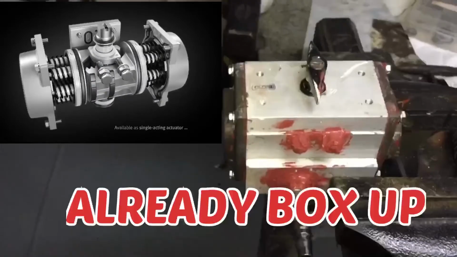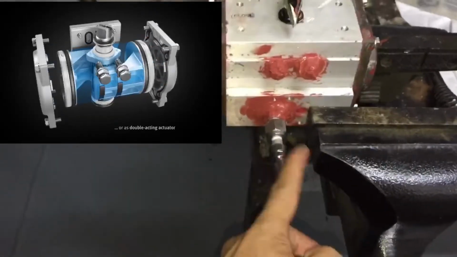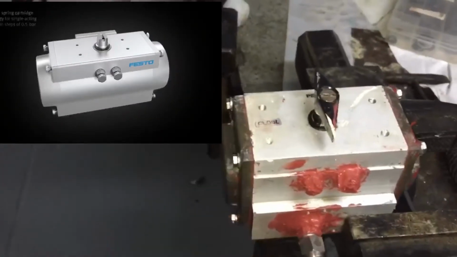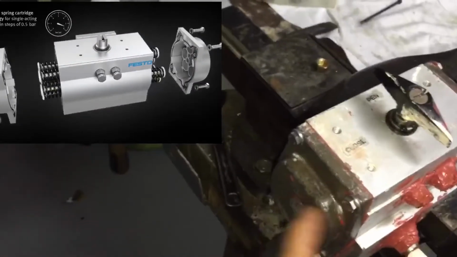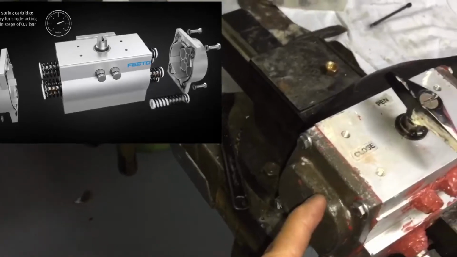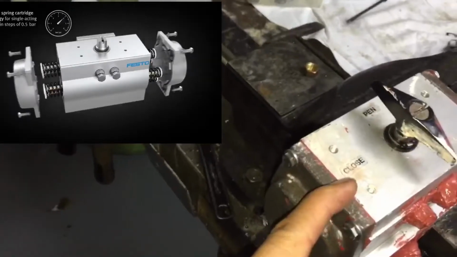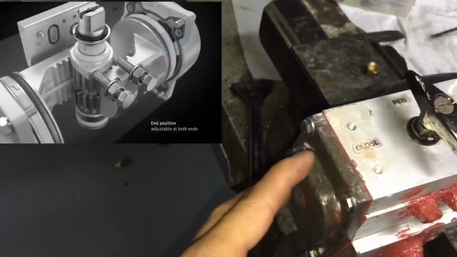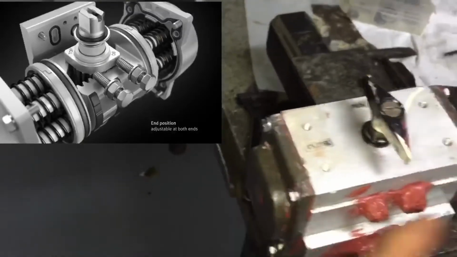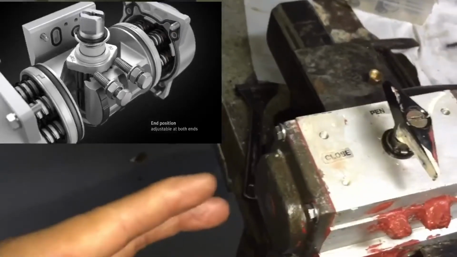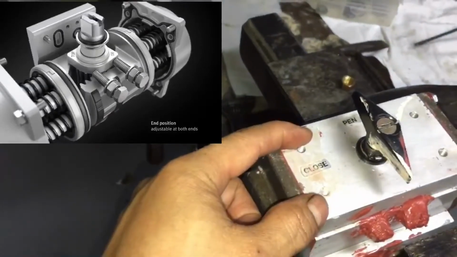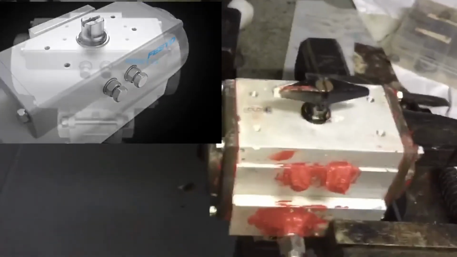Alright, so this actuator is already unboxed, and I want to demonstrate how it works. From this side, there is a piston, and at the back of the piston there are four springs on both sides. This means this side and this side are together forced by the spring to open position.